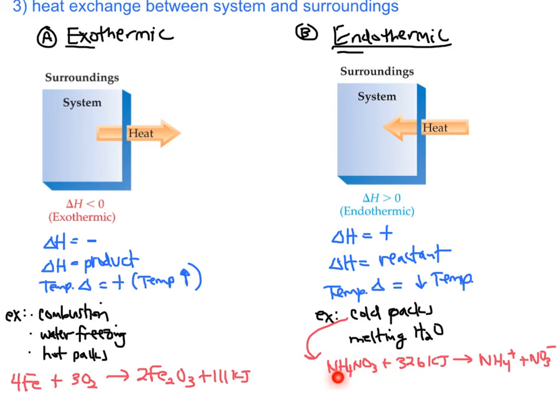That is filled with ammonium nitrate, and when you crush it up, it dissolves in water, and that absorbs 326 kilojoules. So water is a reactant, and energy is a reactant, and then that produces ammonium and nitrate ions. And in the process, your hands feel cold because energy is being sucked away from your hands. 326 kilojoules of energy per mole of NH4NO3 is sucked from your hands into the NH4NO3 as it dissolves.